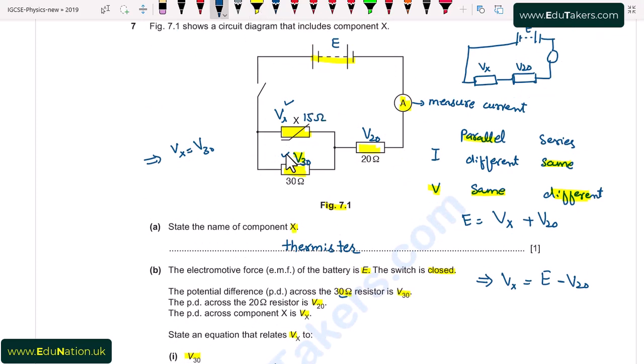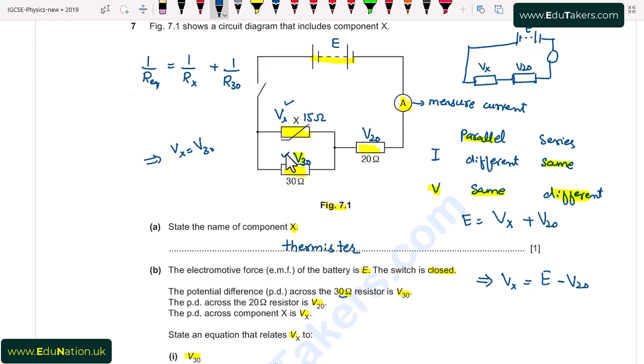We know that in a parallel combination, the equivalent resistance is equal to the sum of the reciprocals of the resistances of all components. Here components X and 30 are involved, that's why I write here 1 over Rx plus 1 over R30.